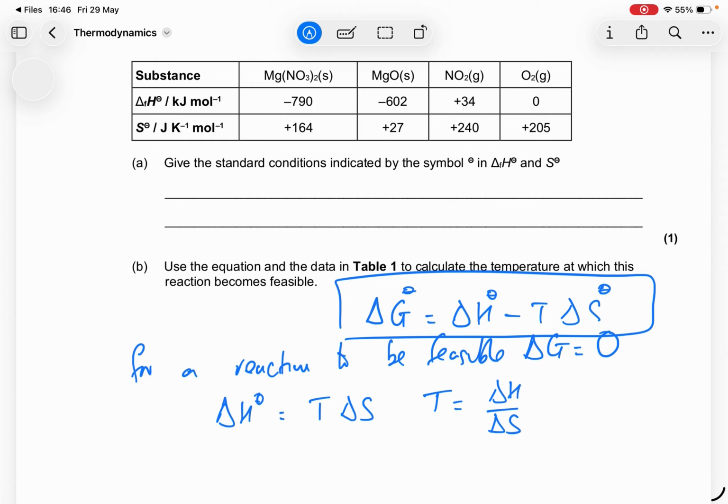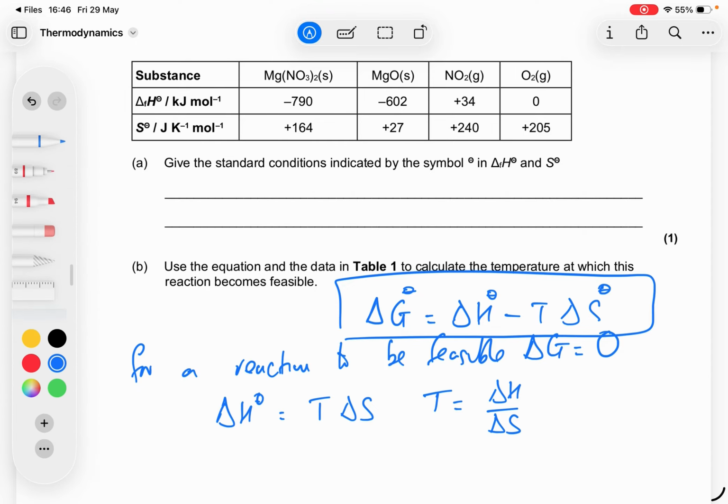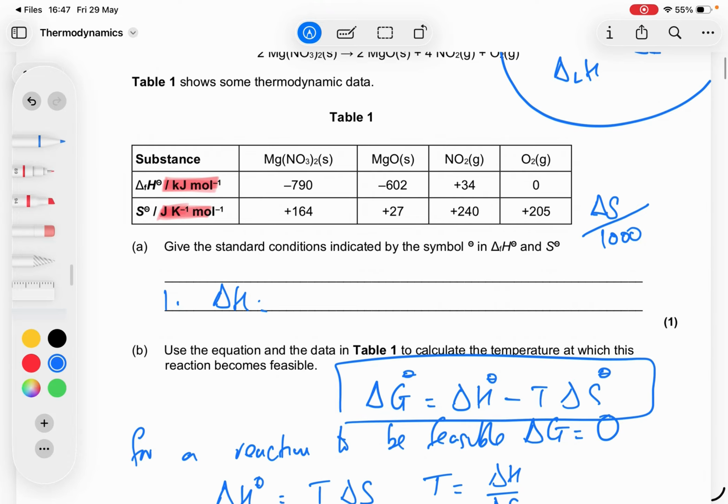Now note something essential and very important to note, and that is that delta H is in kilojoules per mole, delta S is in joules per mole. So as a general rule, when you work out delta S, divide the final answer by 1,000. So the way we do this calculation, number 1, work out delta H, and delta H is the sum of the enthalpy of formation of products minus the enthalpy of formation of reactants.